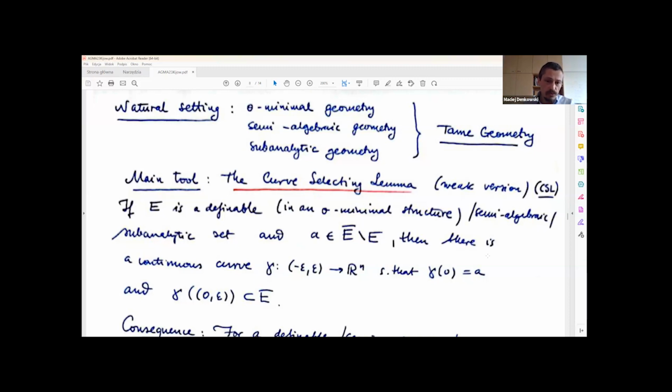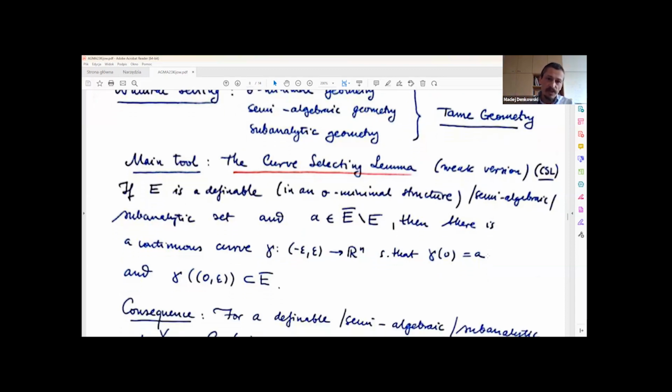One of the main tools in this setting is what we call the curve selecting lemma. If you have a definable semi-algebraic or subanalytic set and a point in its frontier, then you can always find a continuous curve.